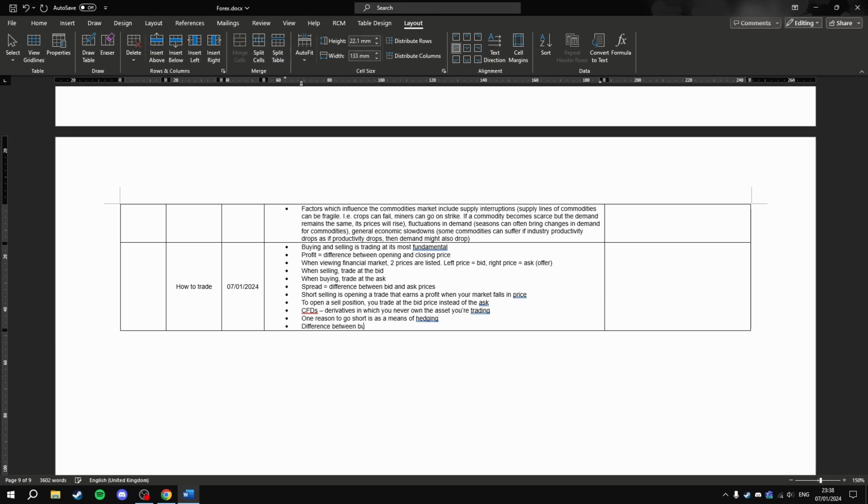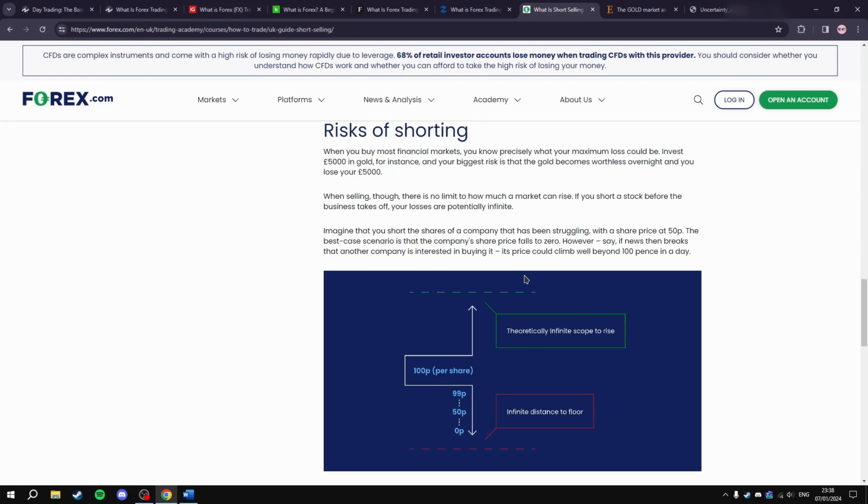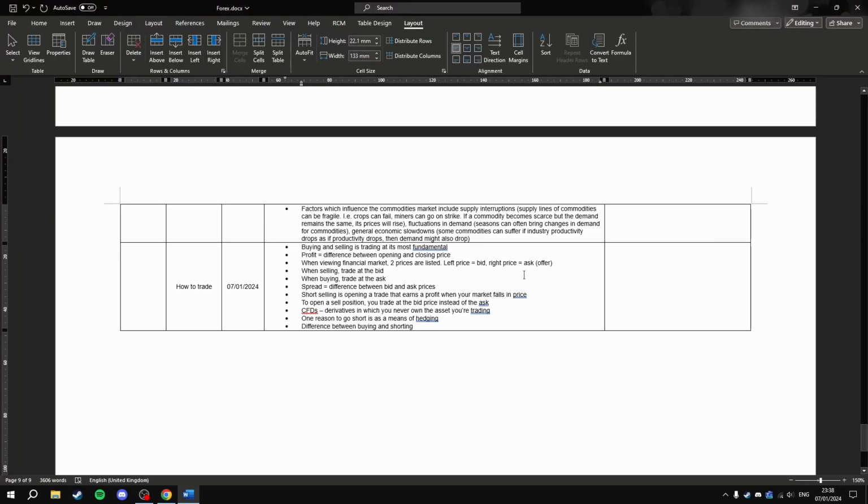The difference between buying and shorting: when you buy, you know exactly how much loss can occur.